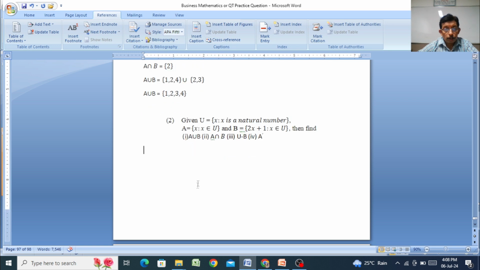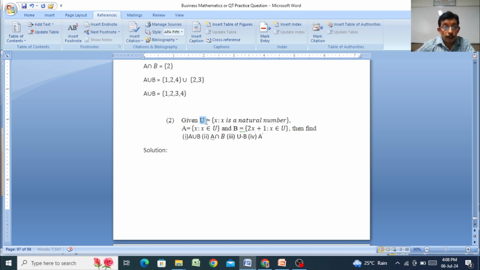Now A is a set, U is the universal set, equal to x such that x is a natural number. So what is the value of U? This is the property form. Now we write it in tabular form.